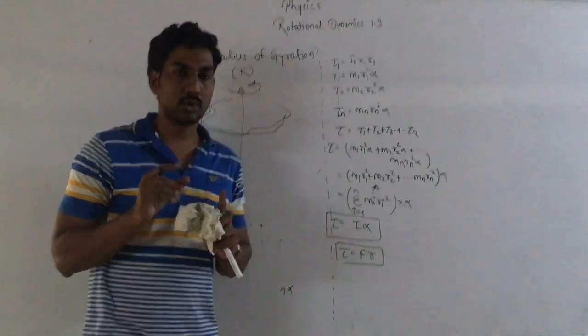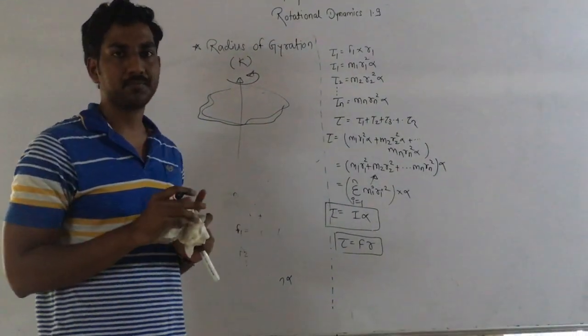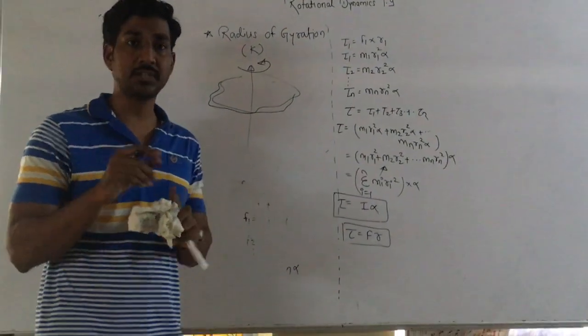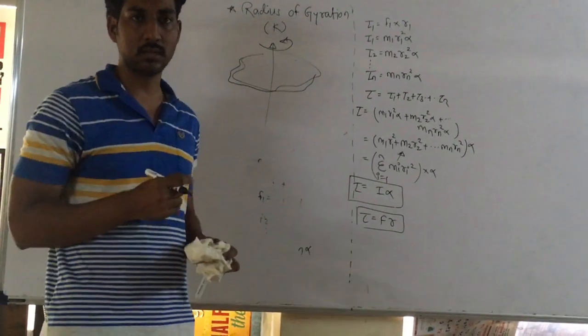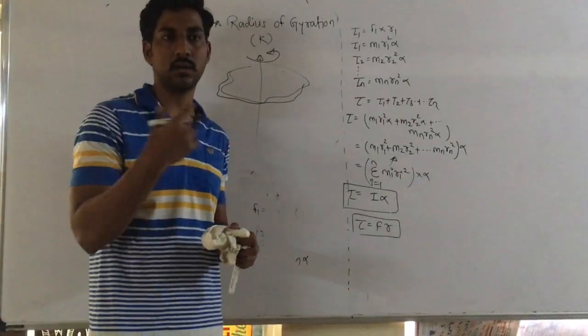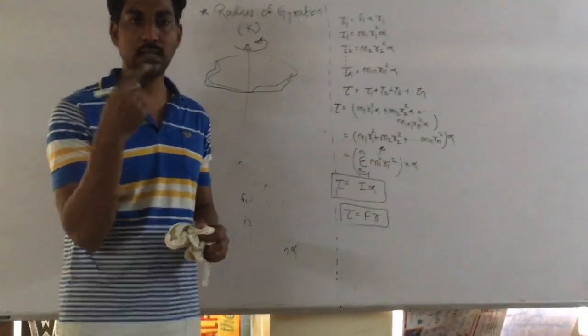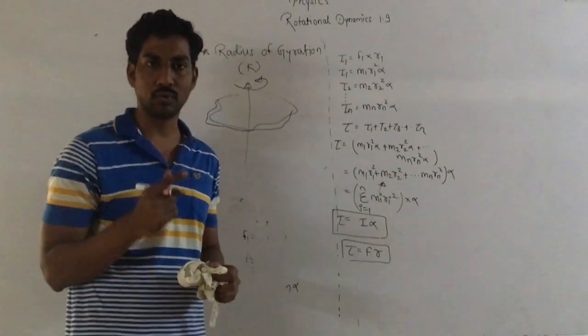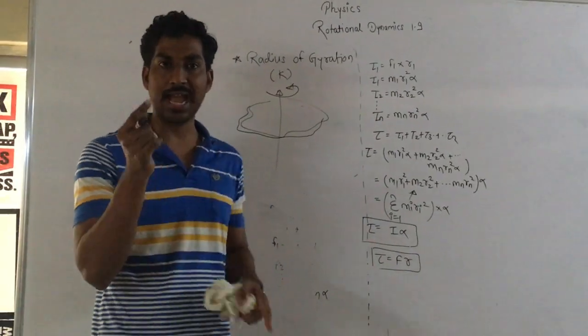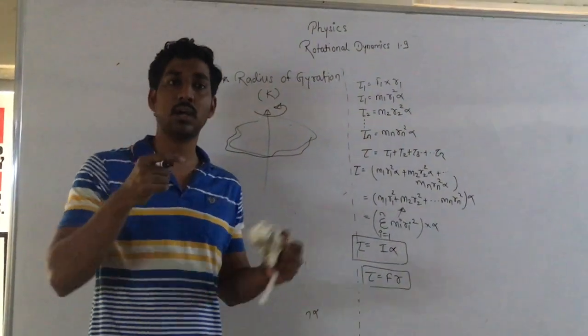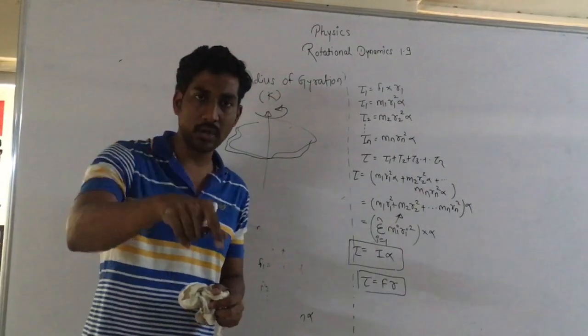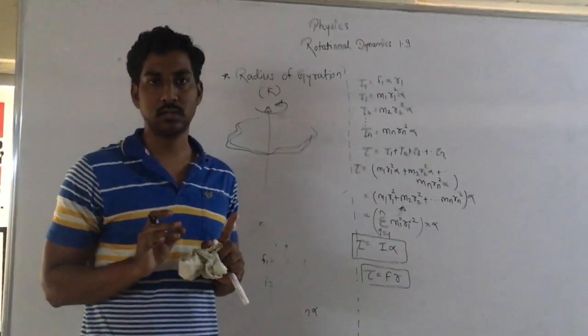Suppose that the body has one point at which the total mass is concentrated. You know when you move your notebook on your finger and make it revolve, your finger acts as a single point where the total mass of the body acts.